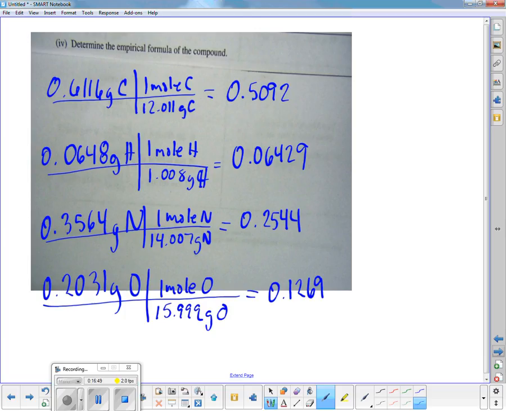Okay, so this is part of our mole song. Mass over formula weight, that's the way you get the mole. Then divide the largest by the smallest. So you take all of them and divide them by the smallest. The smallest here is the hydrogen, right? So you can divide them all by that.